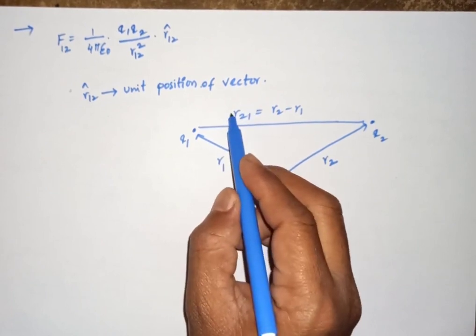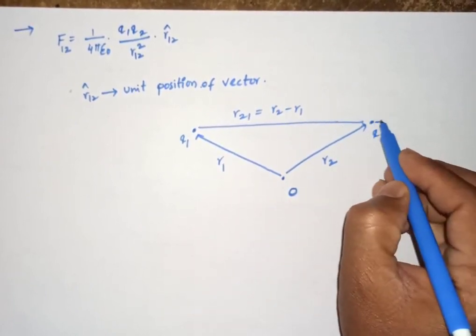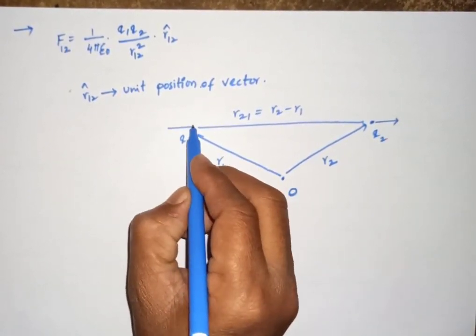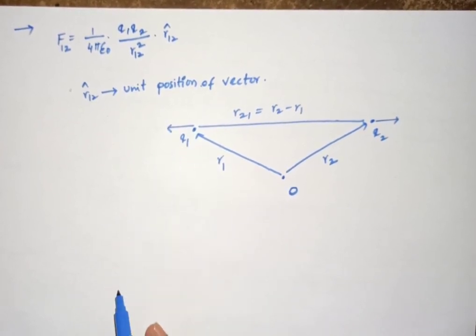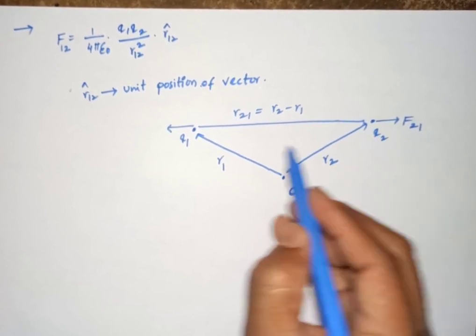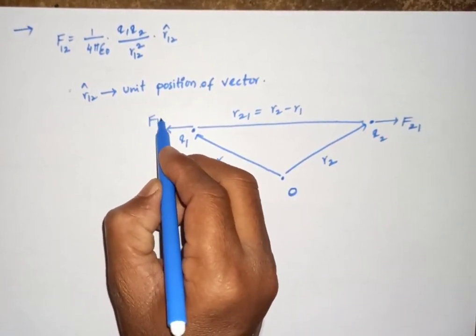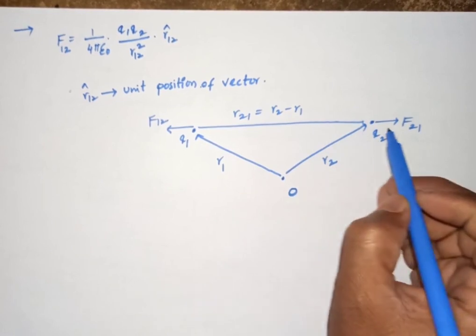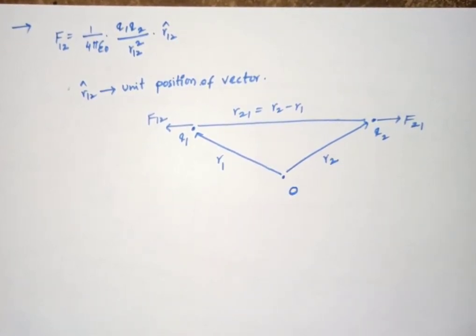The force f21 is in this direction and f12 in this direction, so these are in opposite directions.